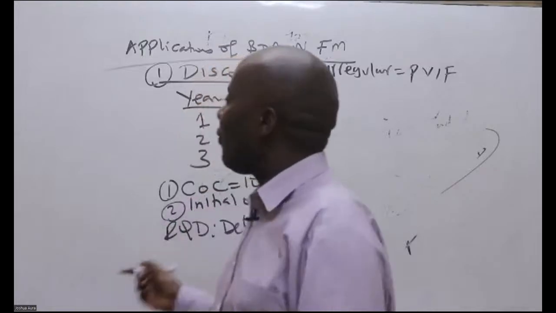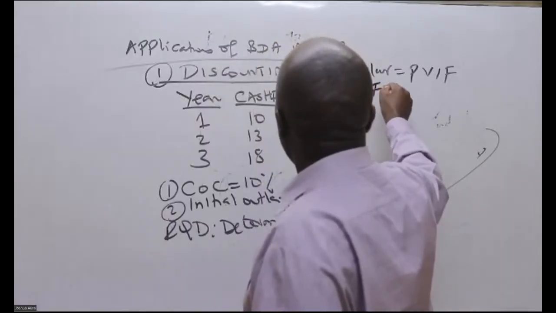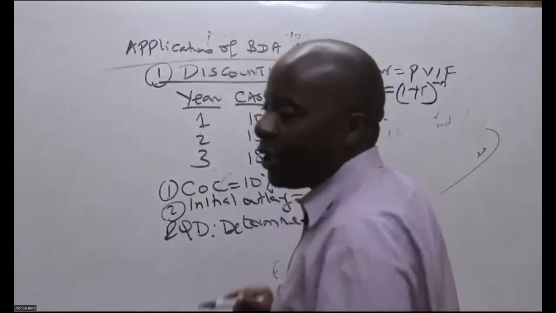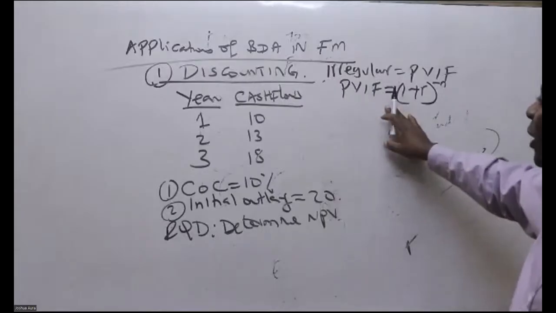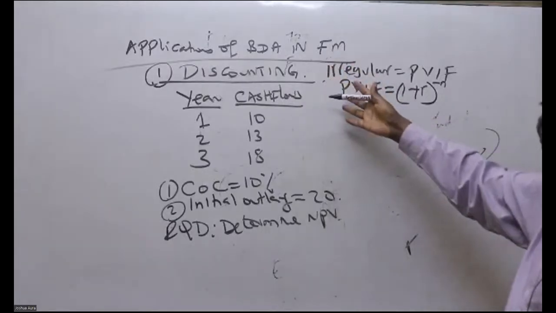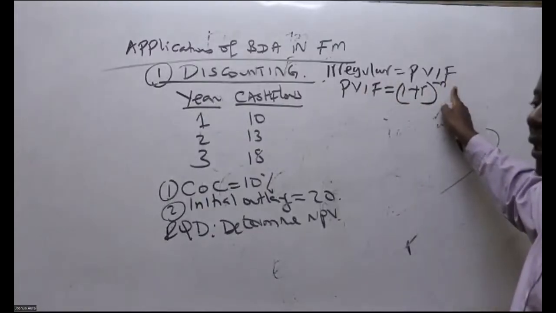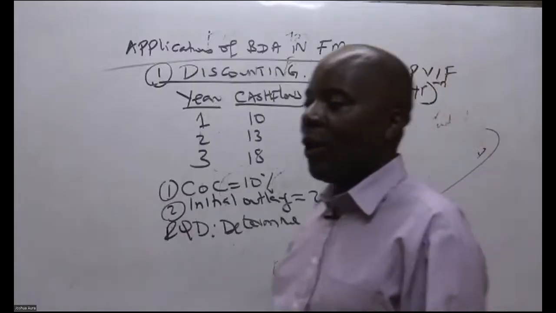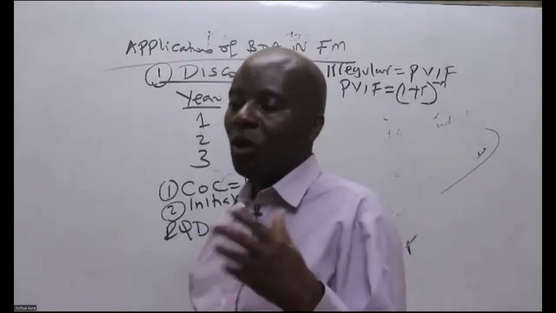And PVIF formula is 1 plus R raised to negative N. This is how we get PVIF, which is the discounting. Where R is the required return, basically the cost of capital.